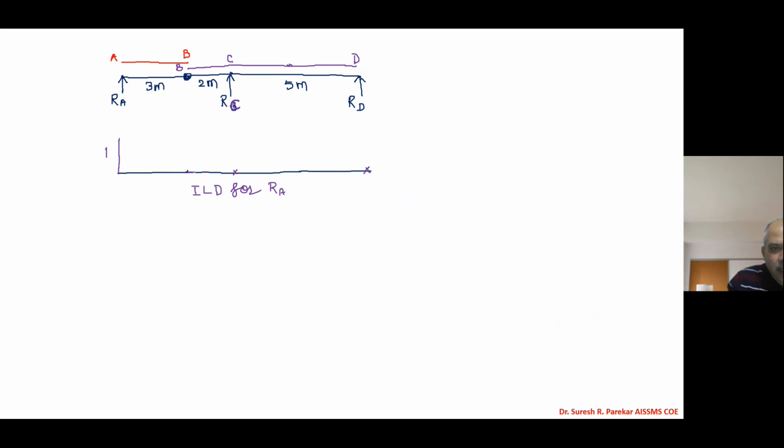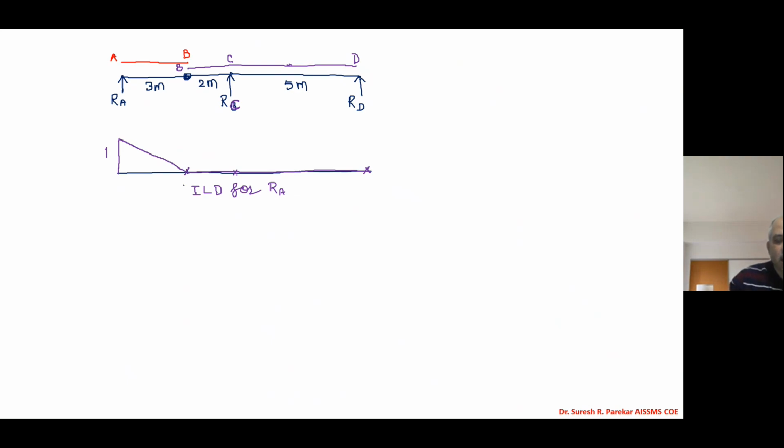So when it passes through CD we have a horizontal line, so it should be horizontal till B. Then we keep the same slope. Linear means my slope of BCD should be the same. And now we know the value at B we have 0. Then we will connect this. So this will be the ILD for RA.